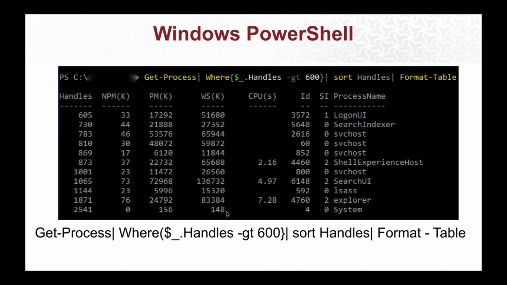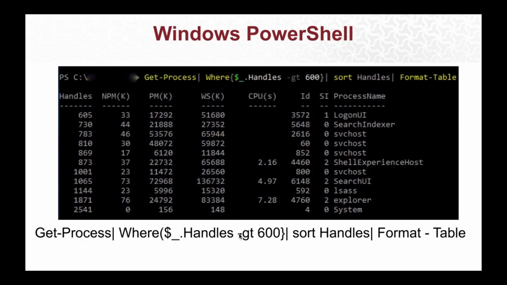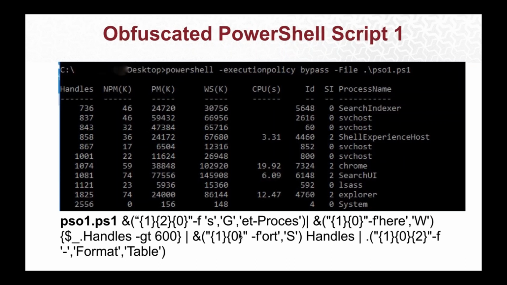Now, another thing attackers do is obfuscate the command. So instead of writing this command like this, you obfuscate it. The same command I showed here, get process where handles greater than 600, sort handles, format table, is now obfuscated, and this obfuscated PowerShell script looks like this.